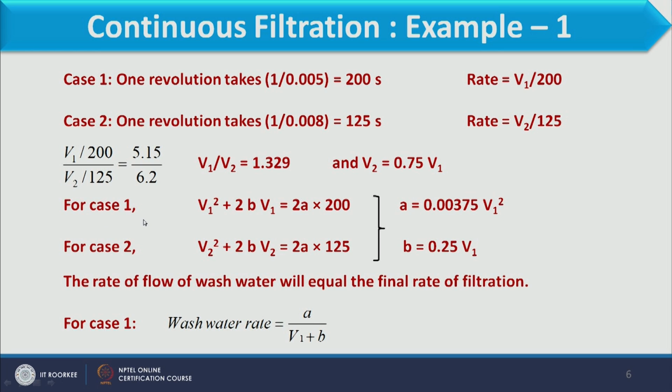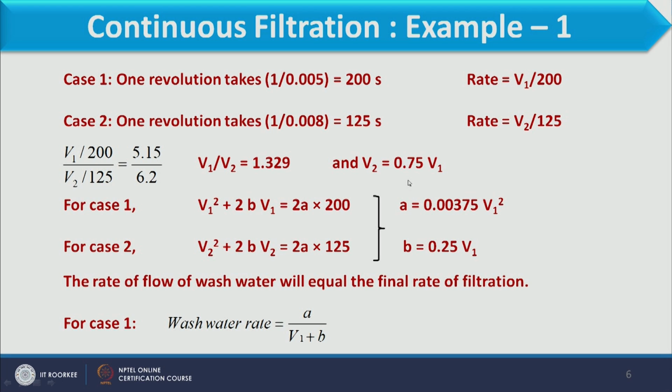Now, in the previous slide we derived the expression relating volume and time, and that expression was V square by 2 plus BV equals AT. For case 1, V1 square plus 2B V1 equals 2A into 200, and similarly for case 2, V2 square plus 2B V2 equals 2A into 125.